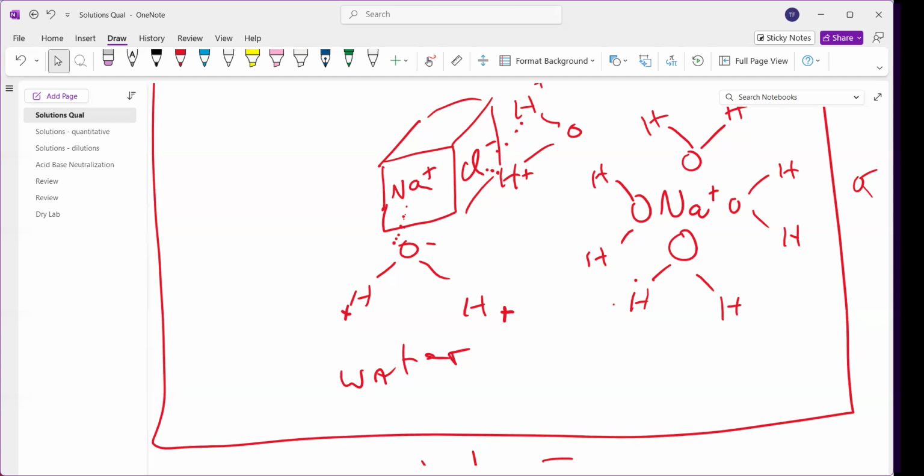The third thing, if I have a crystal this big versus a crystal this big, which will dissolve faster? The little one. What if I had a pound of one big salt crystal and a pound of little ones? Which will dissolve faster?